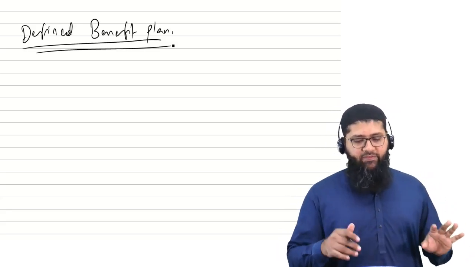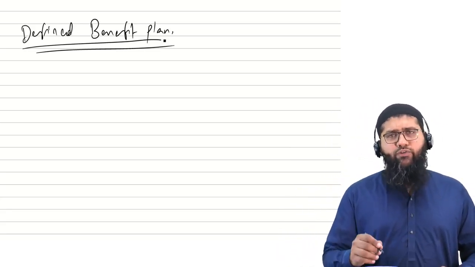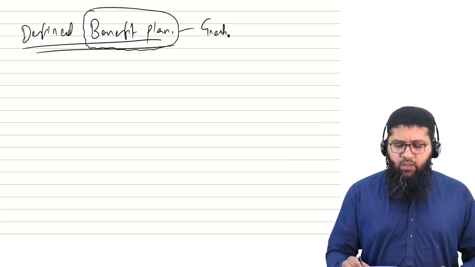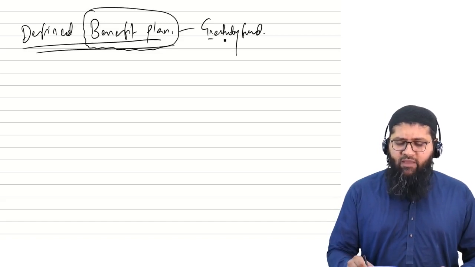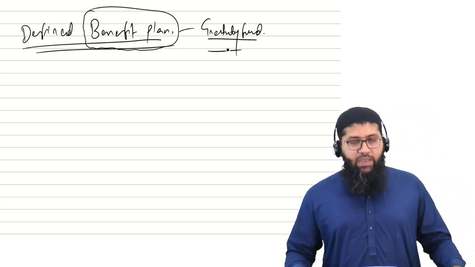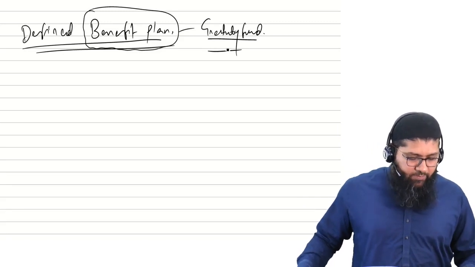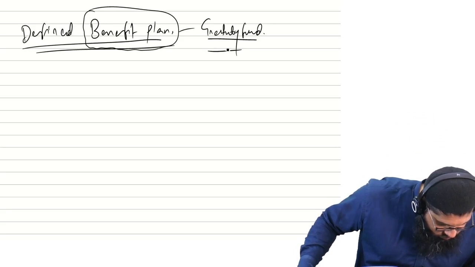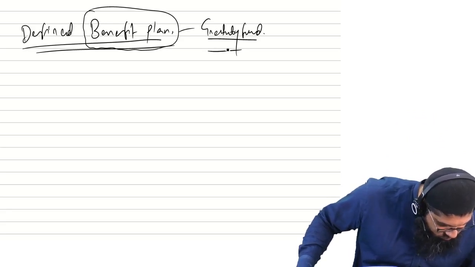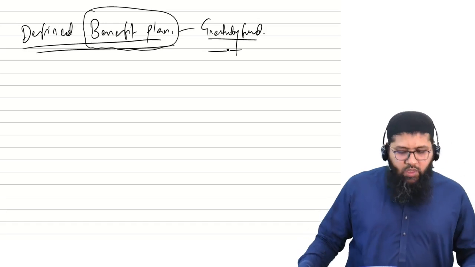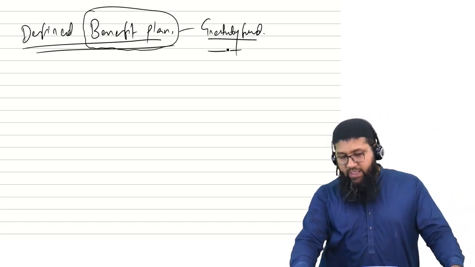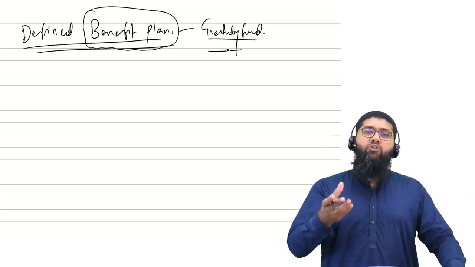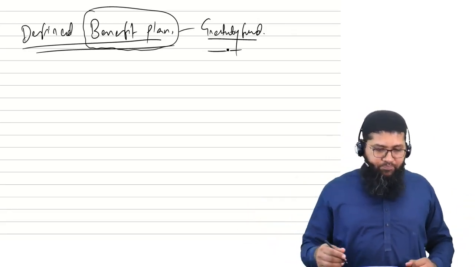The first thing is that in order to account for the defined benefit plan, for example, if you as an entity have got a gratuity fund, just try to understand. First of all, you need to understand what happens with a fund.